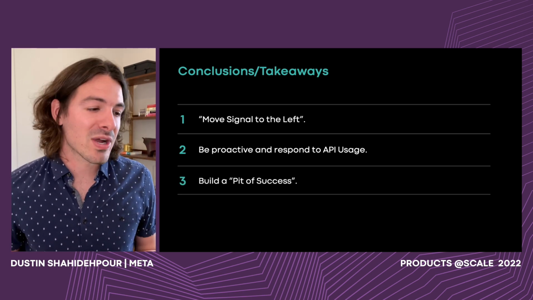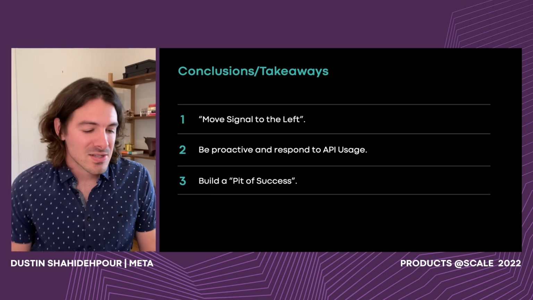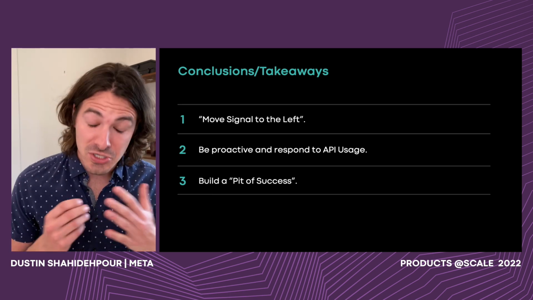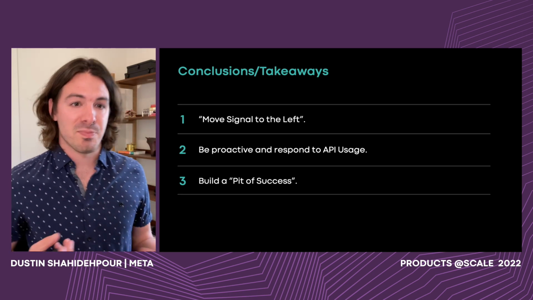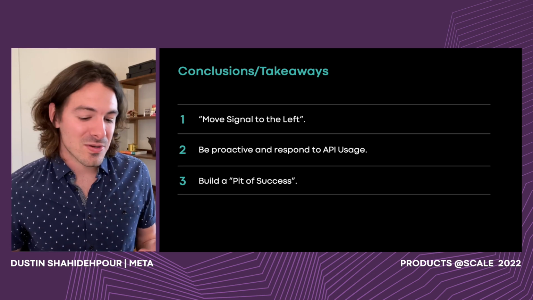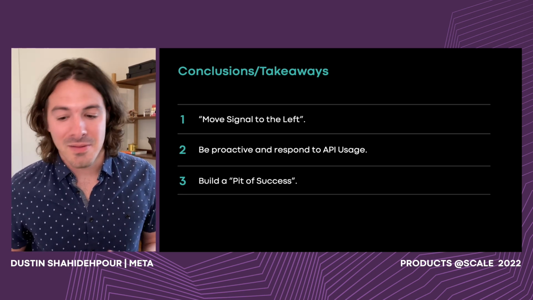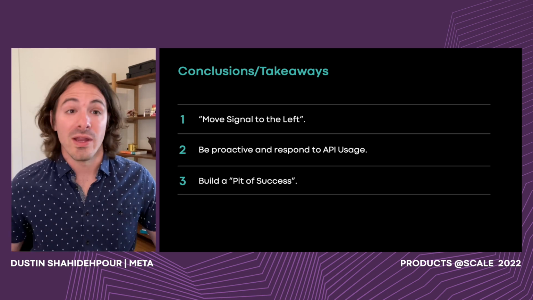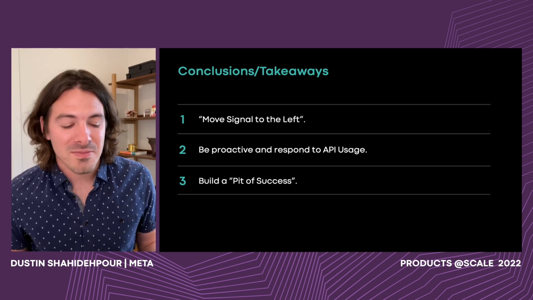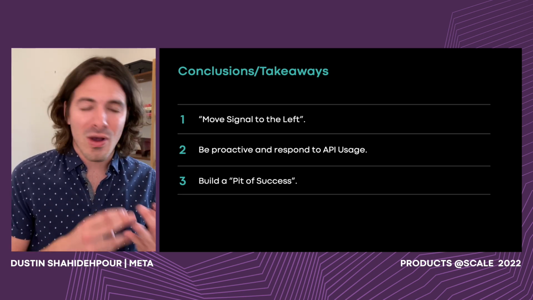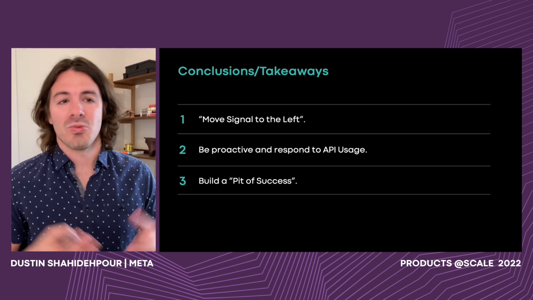The third point I'd bring up is what we call the pit of success. This is the idea that if someone is building code and has no idea what they're doing, and they fall into this pit, you want the pit to be the right way to do it. You don't want someone building a new feature, maybe not a full-time iOS or Android engineer, saying, I have no idea what I'm doing, and finding it easy to write poor performing, problematic code which can regress all your metrics.